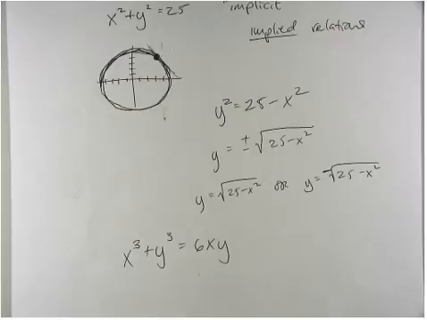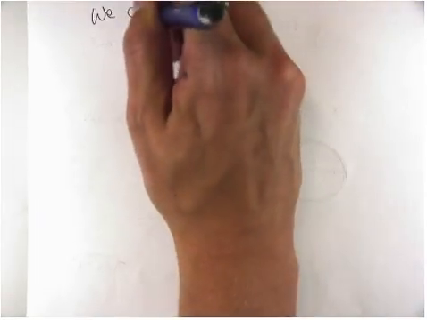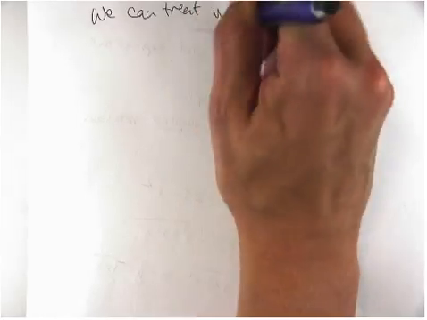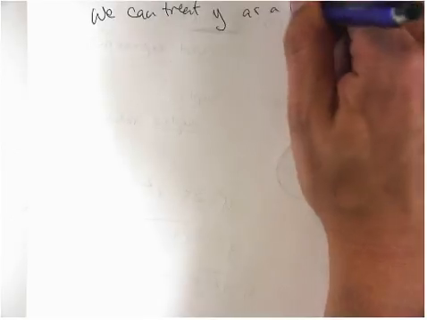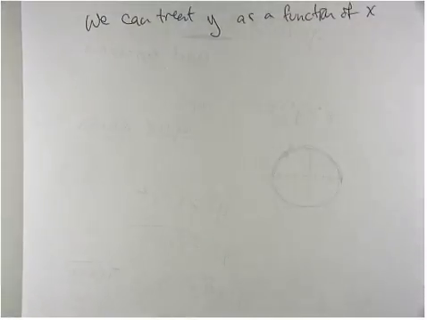Okay, so what are we going to do? We're going to treat y as a function of x. We're going to say that what y is really is this kind of complicated relationship that I'm too busy to find.